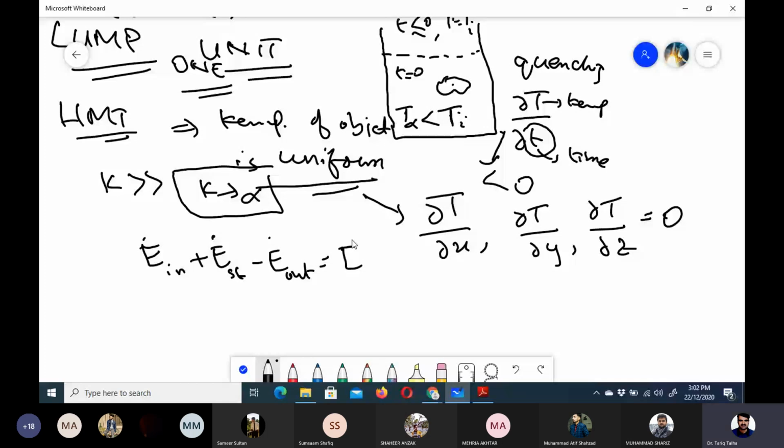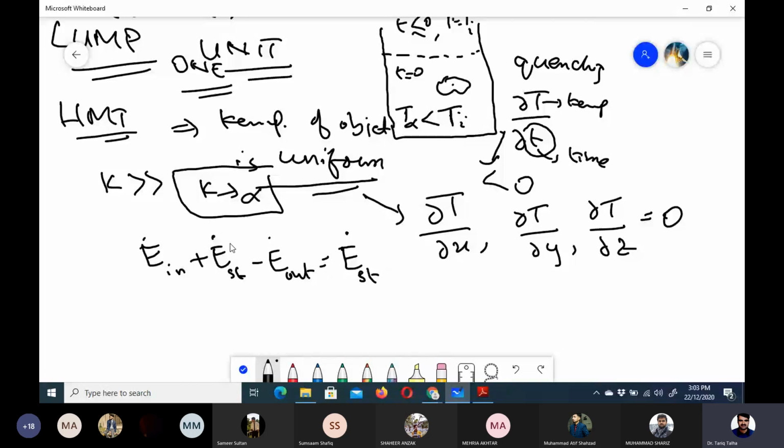Here E dot in is the rate of heat transfer into this metal object, E dot g is the rate of energy generation, which would be 0 unless it is a radioactive material, minus E dot out is the energy going out of this object, and E dot st is the rate of change of stored energy.